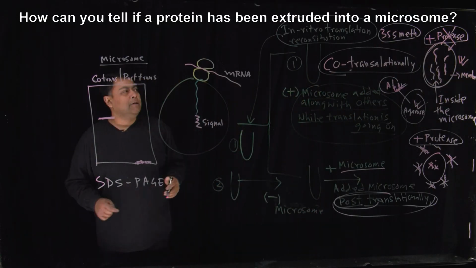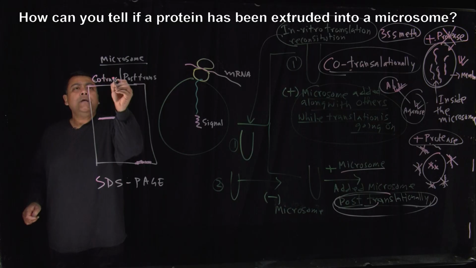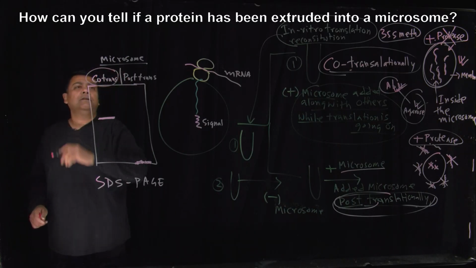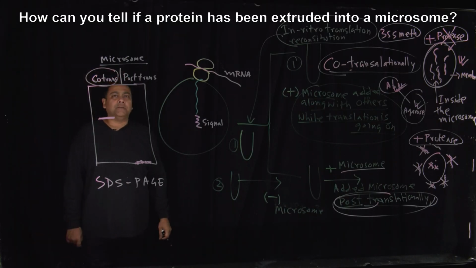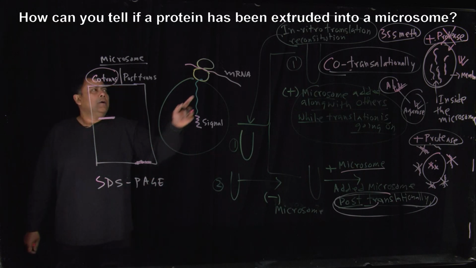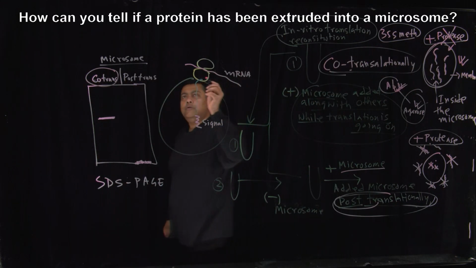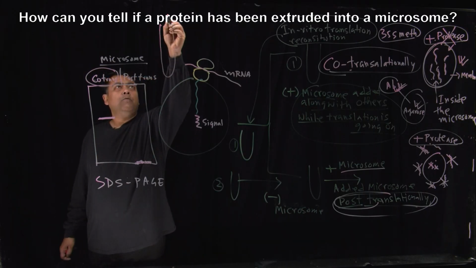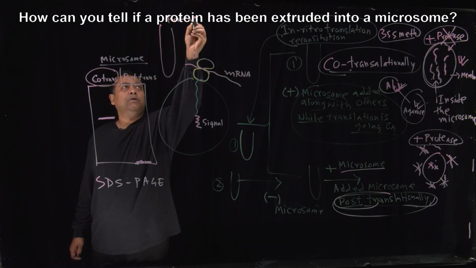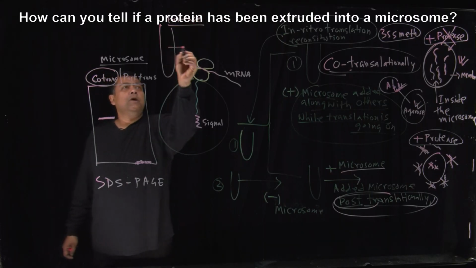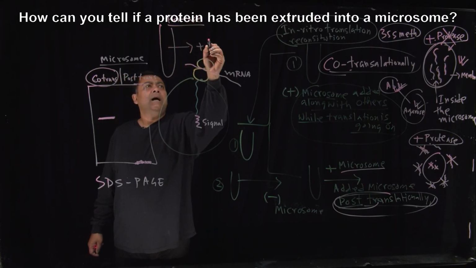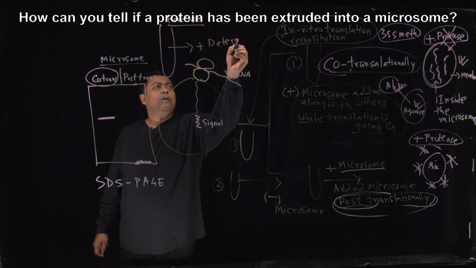So we can do one thing right here. We can take this co-translational microsomal fraction, and then we can take a test tube where we have added the protease for sure, but before adding the protease, we do something else. We add a detergent.